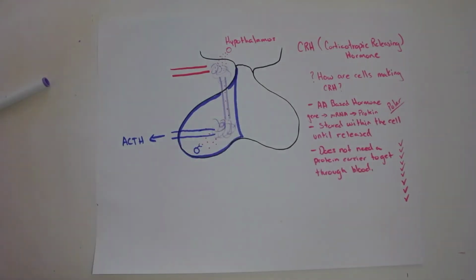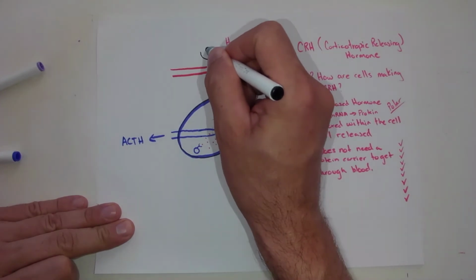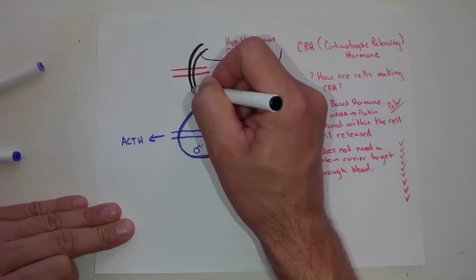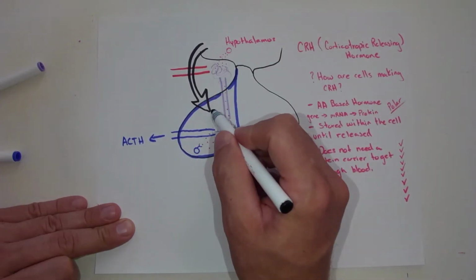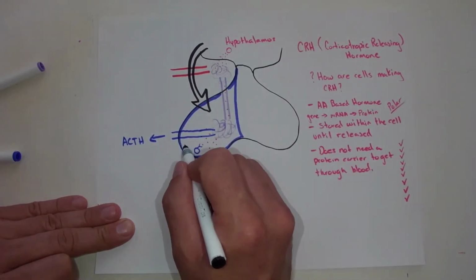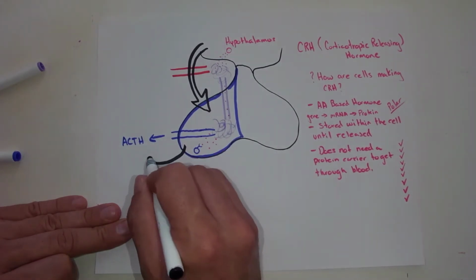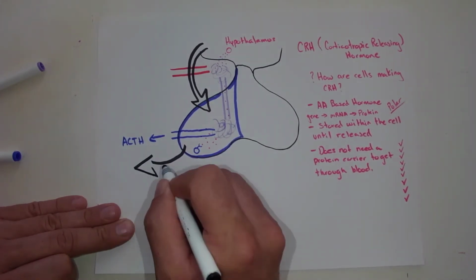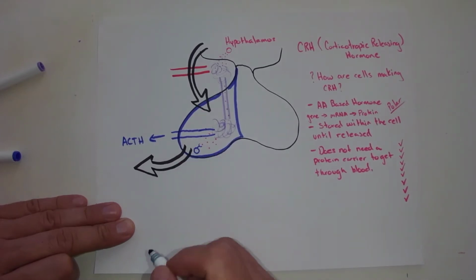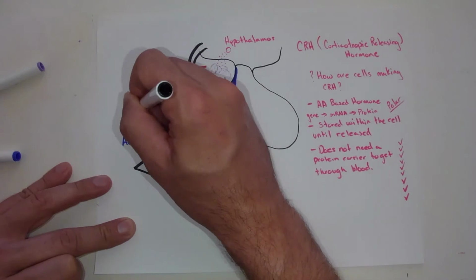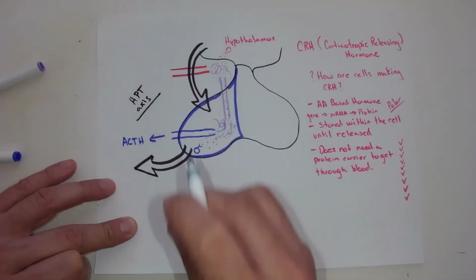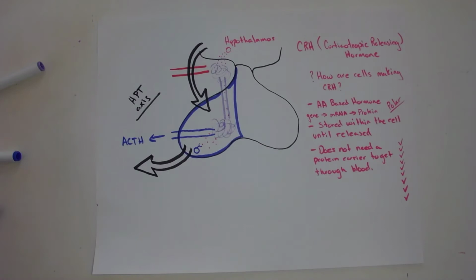Now let's take it a step further and appreciate the hypothalamic, pituitary, target axis, or the HPT axis, another basic principle, to see what ACTH really does.